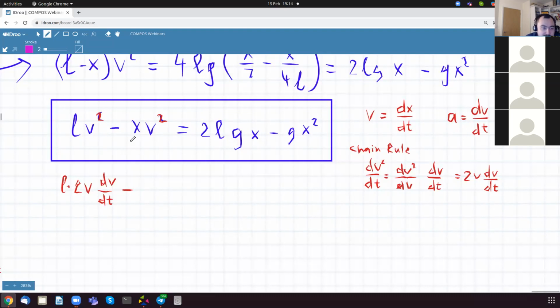Now here I have to use the product rule, so it's going to be minus, and I'll use brackets just for convenience. It's going to be dx dt. I'm a bit lazy here, so instead of dv dt, I'm going to write v prime.